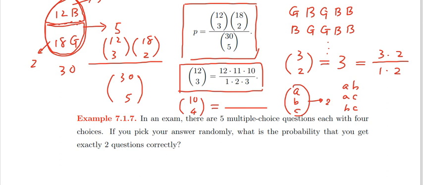In the denominator, 1 times 2 times 3 times 4. In the numerator, start from 10: 10, 9, 8, 7. So this is the number for 10 choose 4.